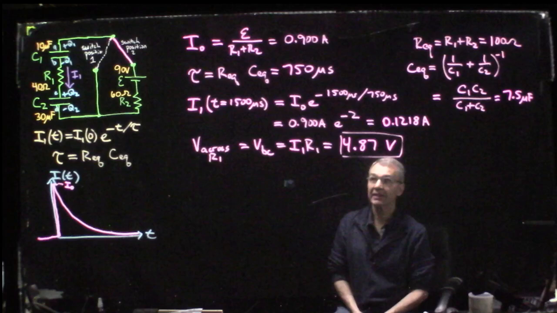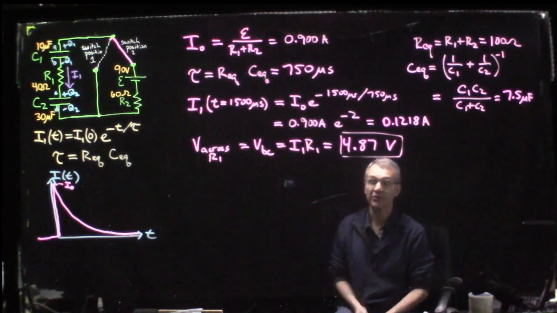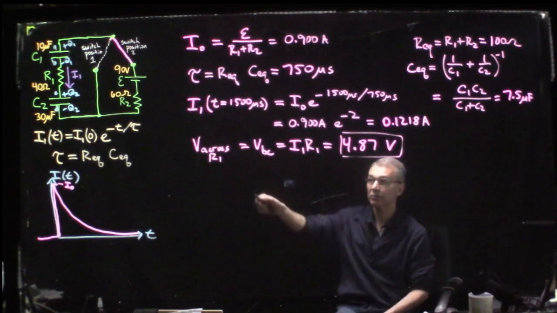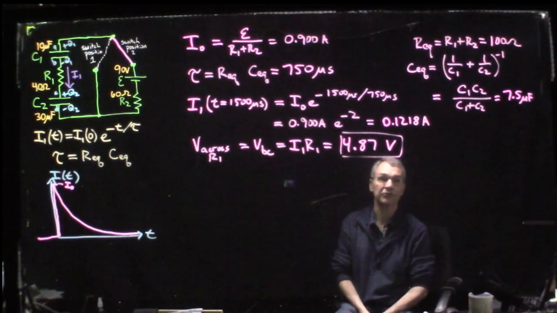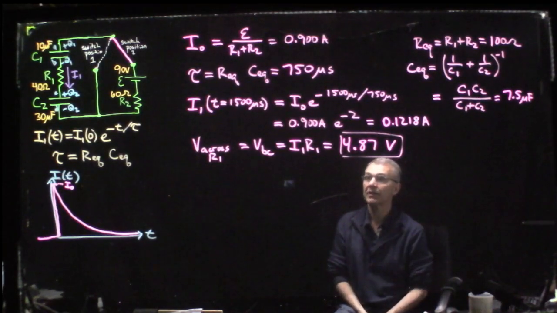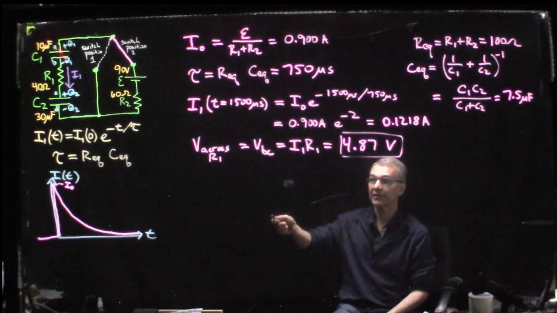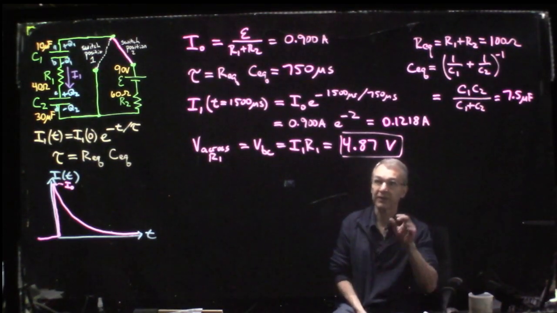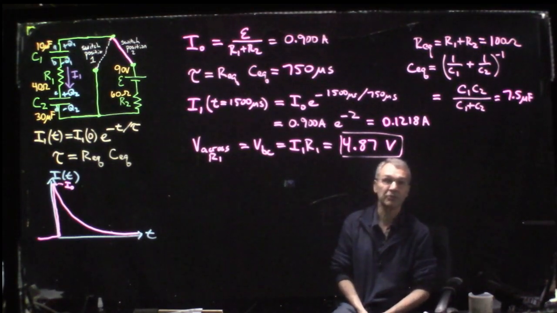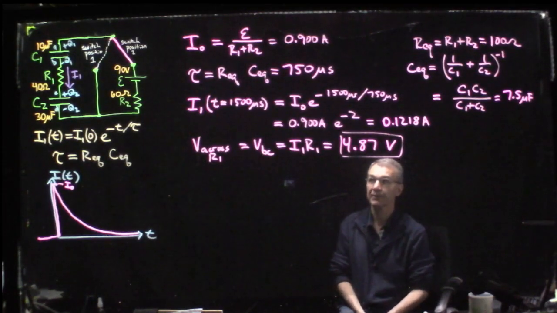So immediately after you've closed or opened a switch, the charge on the capacitor doesn't change instantly. Because of the presence of the resistors, it takes some finite time for the charge on the capacitors to change. So in these RC circuit problems, the charge on the capacitors that very instant after you flip the switch is the same as the charge on the capacitors that instant before you flip the switch.